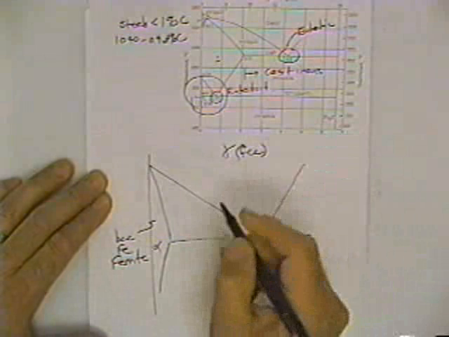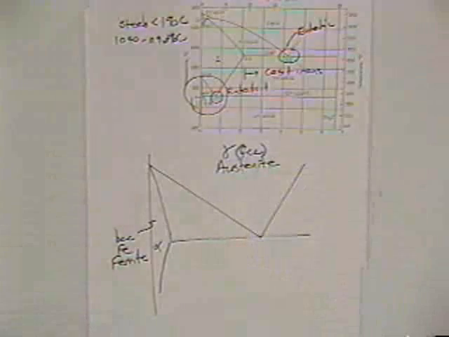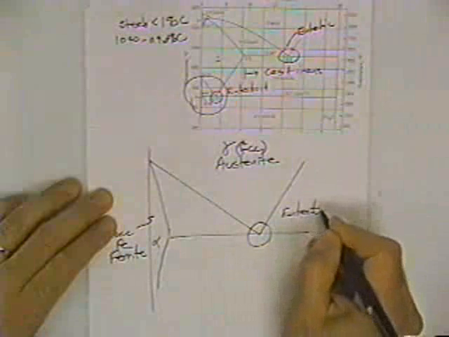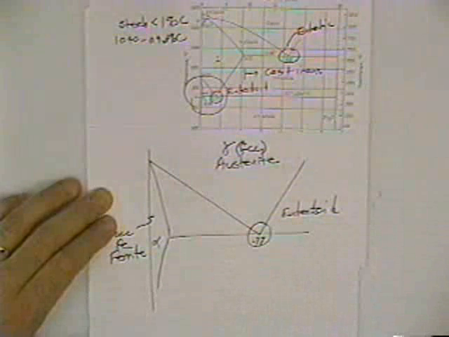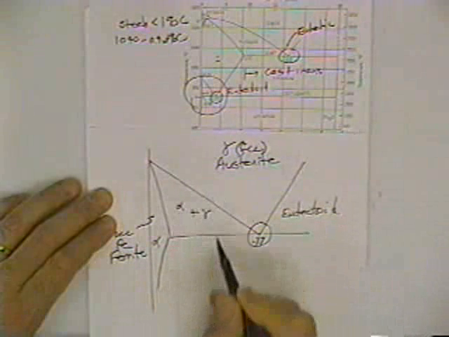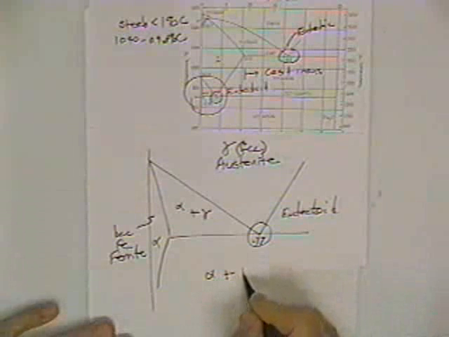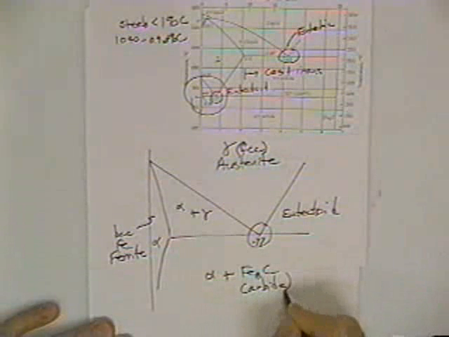It's face-centered cubic, and it's called austenite. If we add enough nickel and chromium, we can have a stainless steel and have an austenitic stainless steel. This is the eutectoid reaction, and that's at 0.77 weight %. So, what's this phase field? Alpha plus austenite, and down here we have alpha plus Fe3C, or carbide.